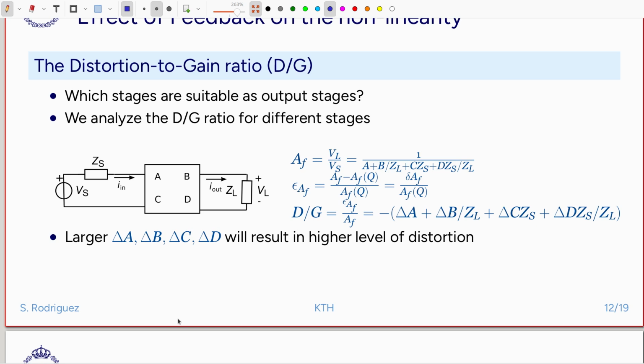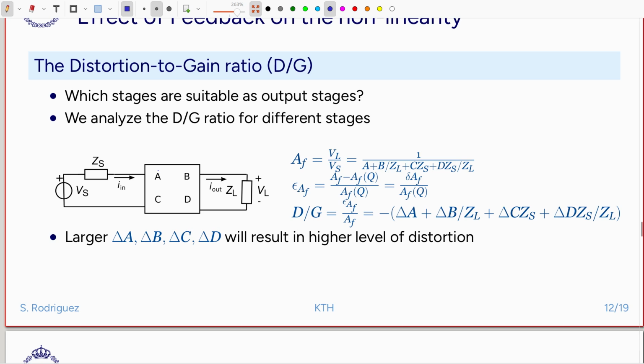We are going to analyze the differential gain, or sometimes we call it the distortion to gain ratio, because the differential gain just introduces distortion. We are going to analyze it for different stages, and for that we take our stage under test and under study as an ABCD parameter, and then we connect it with a voltage source, our source impedance, and the load impedance.